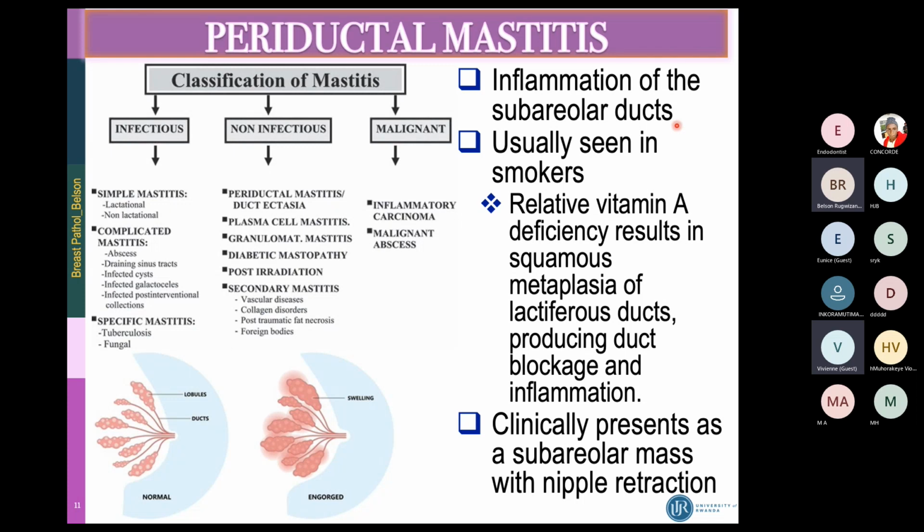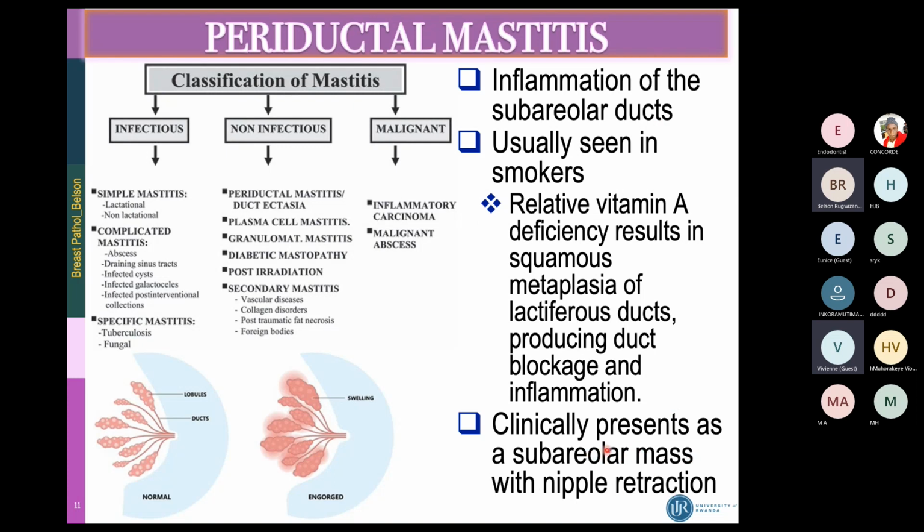Therefore, if there is stratification of the epithelium, the caliber of the ducts will be decreased, and thus the blockage of the milk passage will happen. So they will present with a subareolar mass with nipple retraction.